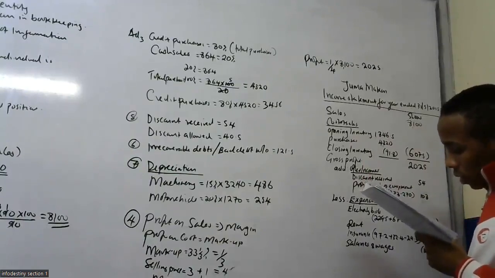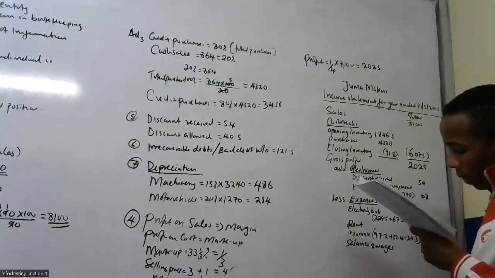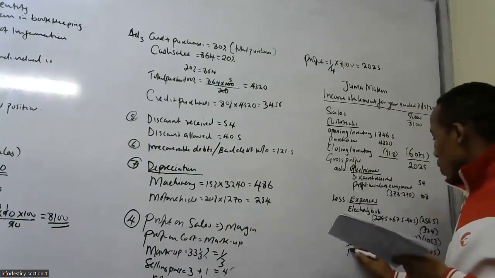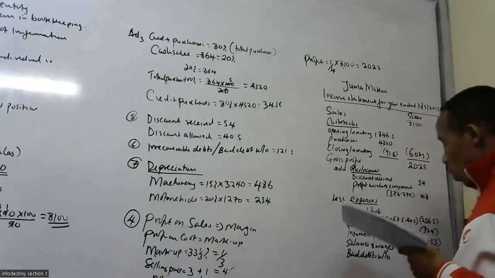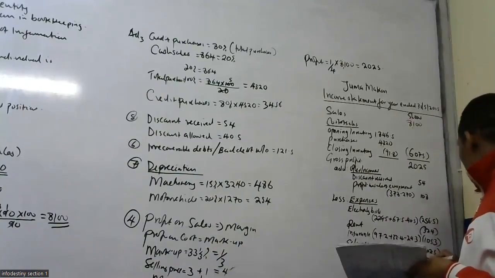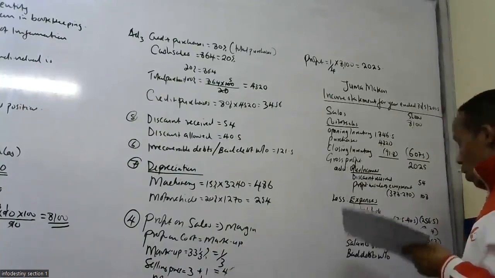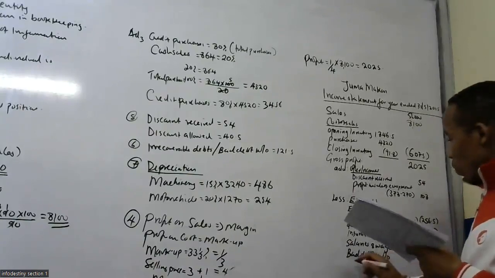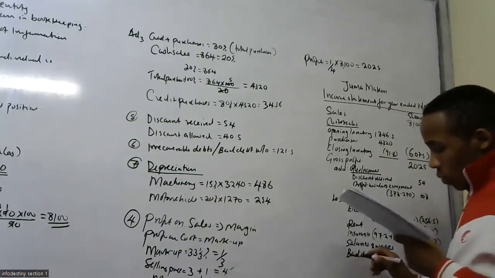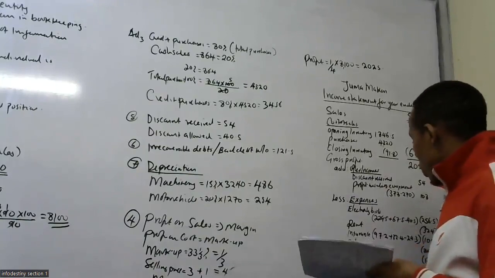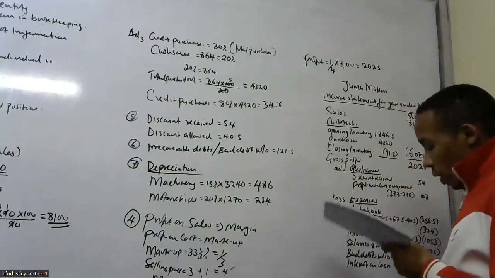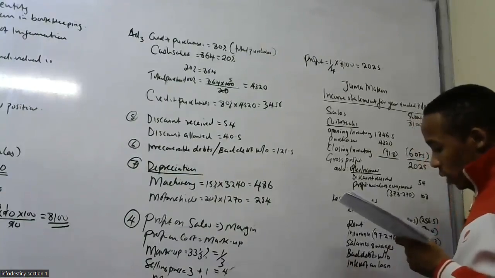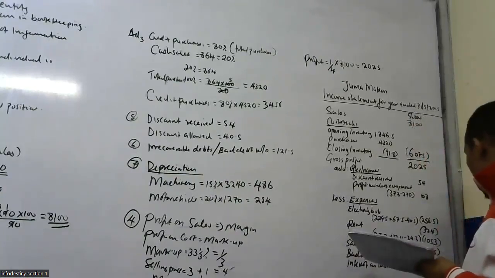Then we have additional information number 6, the bad debts written off or the irrecoverable debts, 121.5. We also have interest on loan. We are given there the second last item, interest on loan, 48.6.